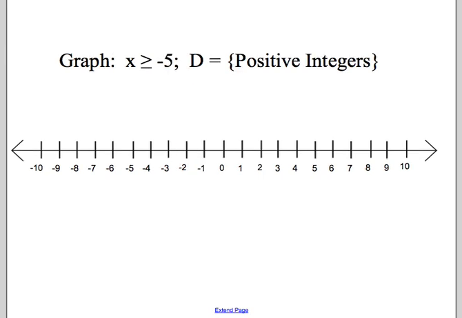All right, x is greater than or equal to -5, where the domain is a positive integer. Well, how would I start marking this? Are we going to have a solid point on -5? Is that a positive integer? No. So we're not going to have a solid point on -5, but we could have it on 1, 2, 3, 4, 5, 6, 7, 8, 9.